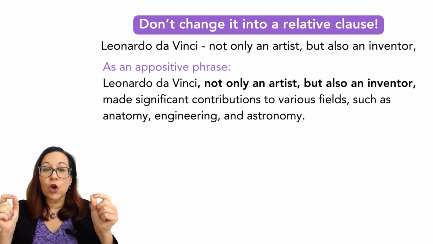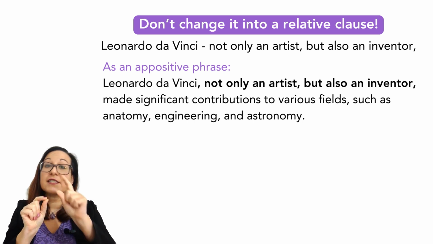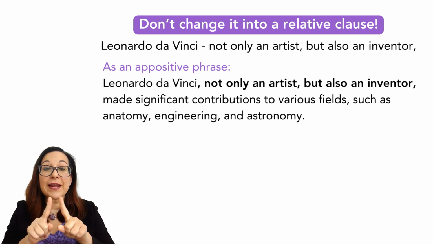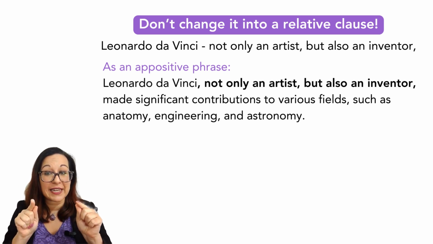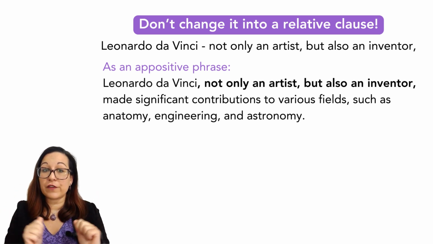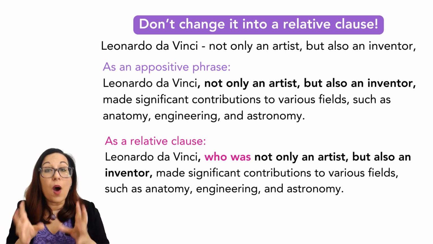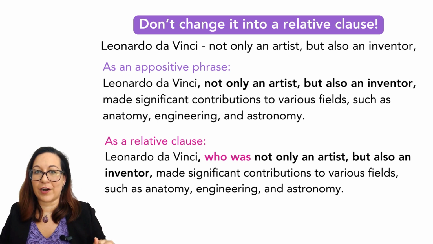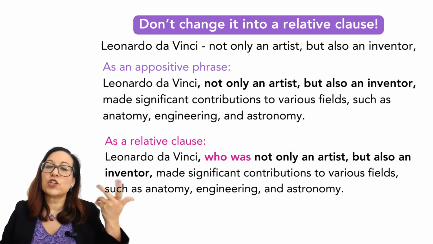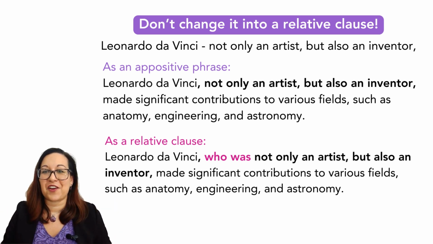So here we've got that lovely inversion, not only an artist, but also an inventor. That is an appositive phrase because there is no verb in it. But a relative clause would be Leonardo da Vinci, who was not only an artist, but also an inventor, made significant contributions to various fields such as anatomy, engineering, and astronomy.